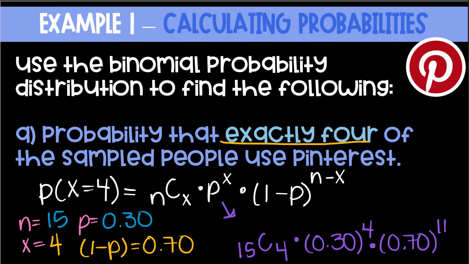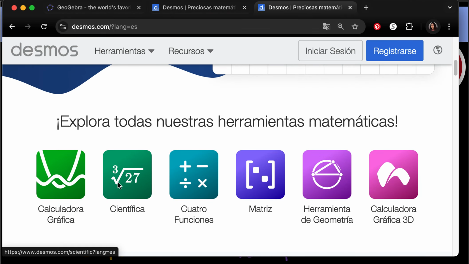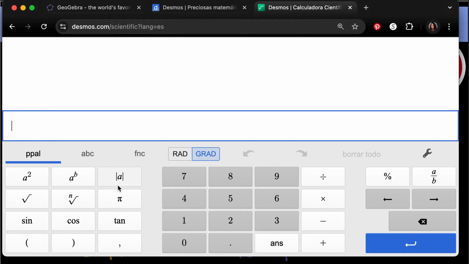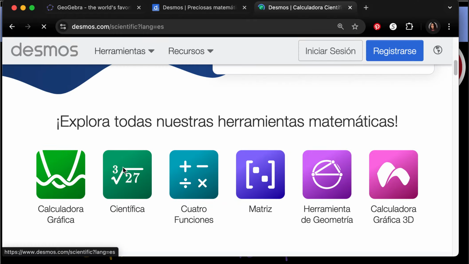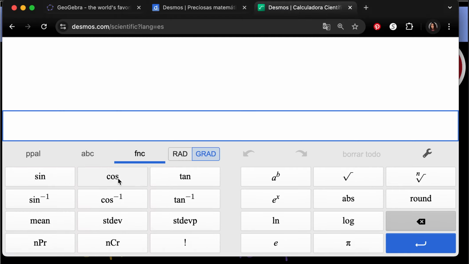If I go to the Desmos calculator, I opened the scientific calculator. I go to functions to find that nCr, that combination.